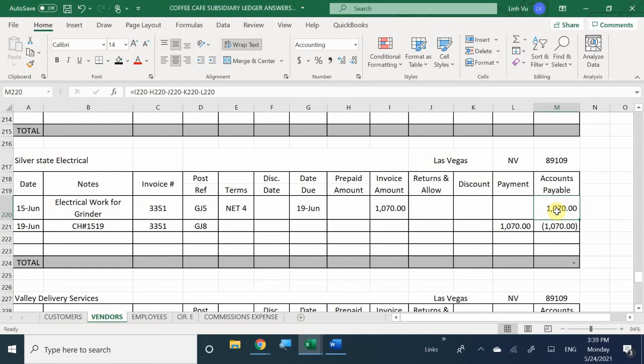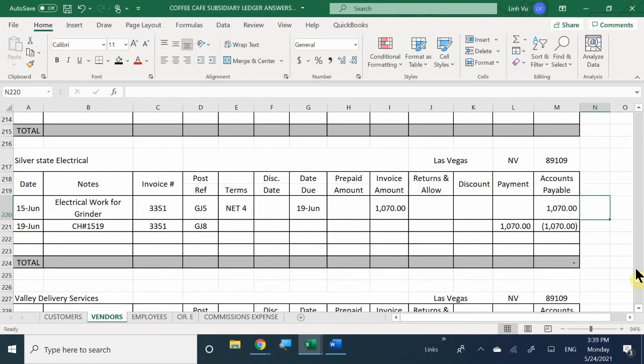Down below, it says I made a payment, so I have a negative amount. In your gray is where your running balance is. We're getting to the same spot with that. As long as it looks like this, then we're good.